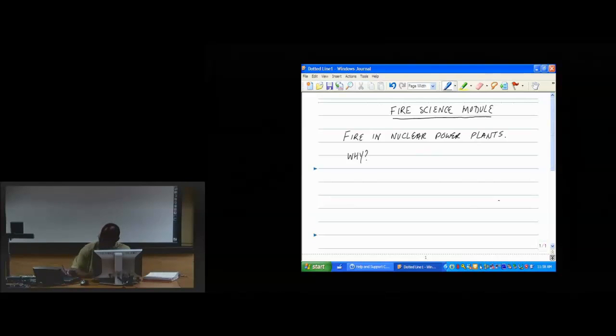So the issue again is that the consequences of fire pose significant risk and hazard. And again, this is similar to other types of power plant facilities and power facilities.